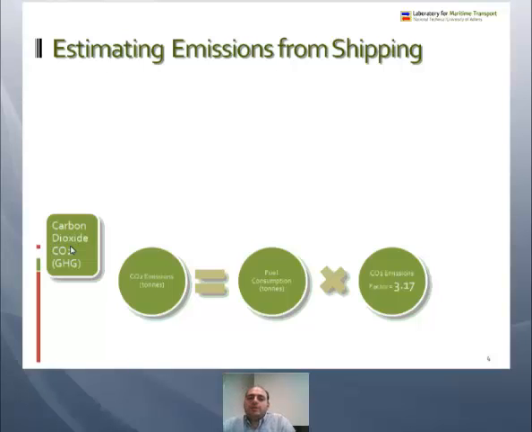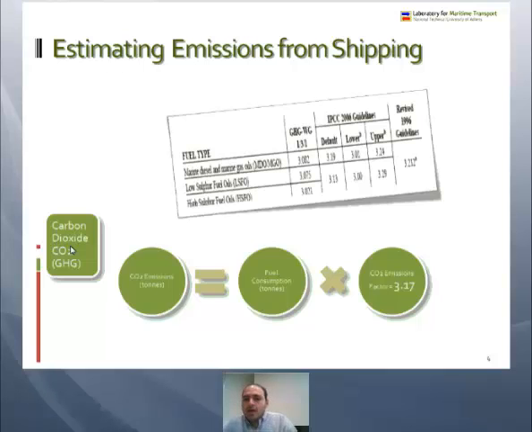If you want to estimate the carbon dioxide that is emitted from a vessel, you have to multiply the fuel consumption in tons, that can be per year, per day, per trip, with this so-called CO2 emission factor. And this factor depends on the fuel that is used.